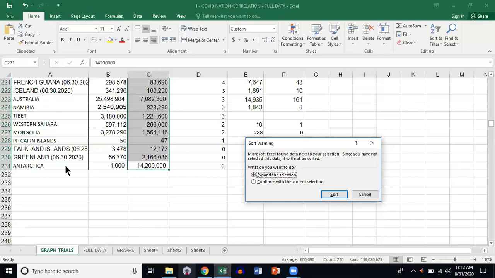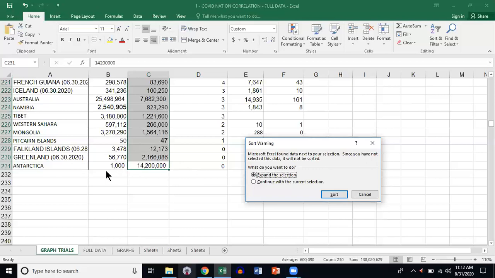But I want it to be anchored to Antarctica. In other words, I don't want to sort this column by itself. I want each item of the column to be anchored to the other information on the row because it all belongs to Antarctica. In other words, I want that 14 million square kilometers to be anchored to 1,000 people, which is the number of population, right? The first column here in numbers is the number of people, 1,000.